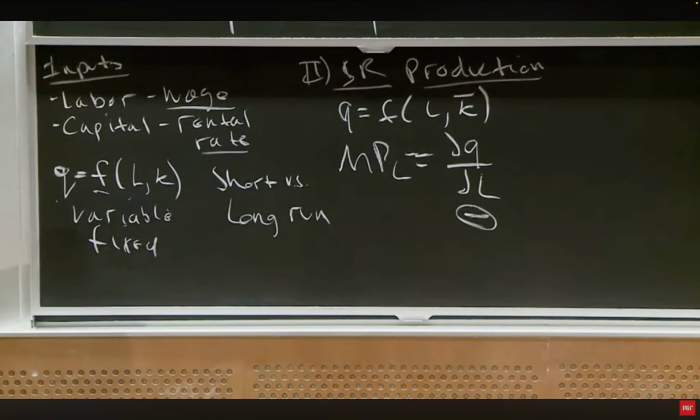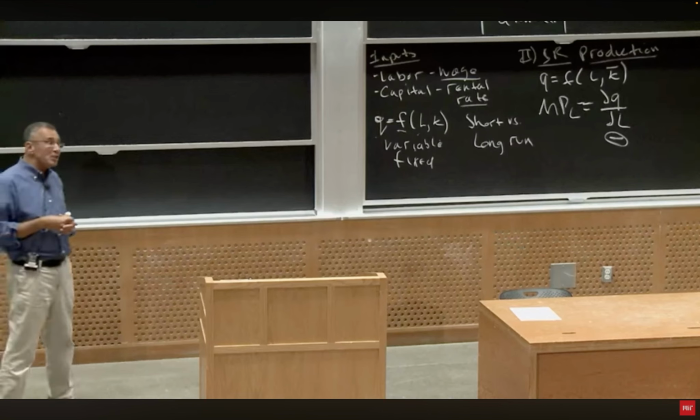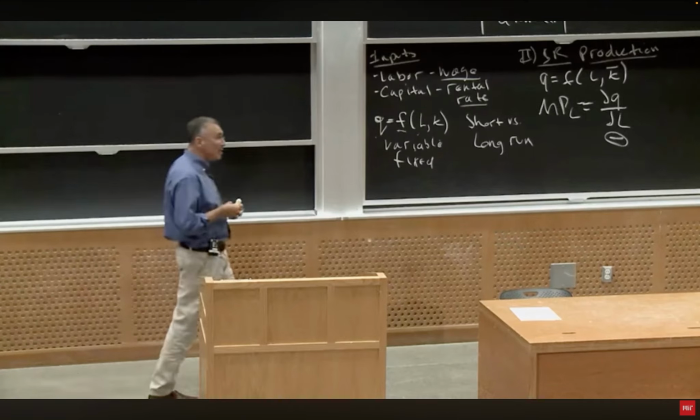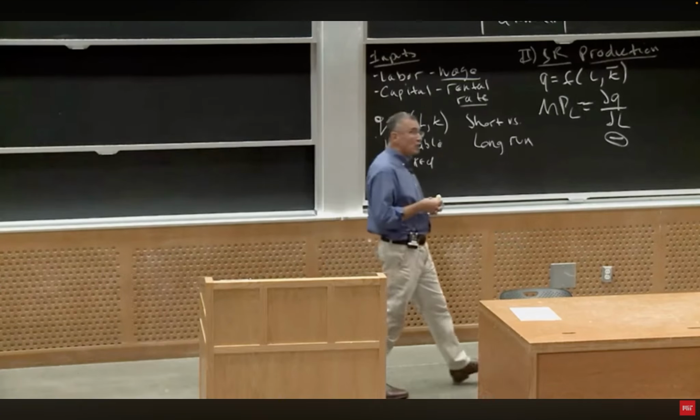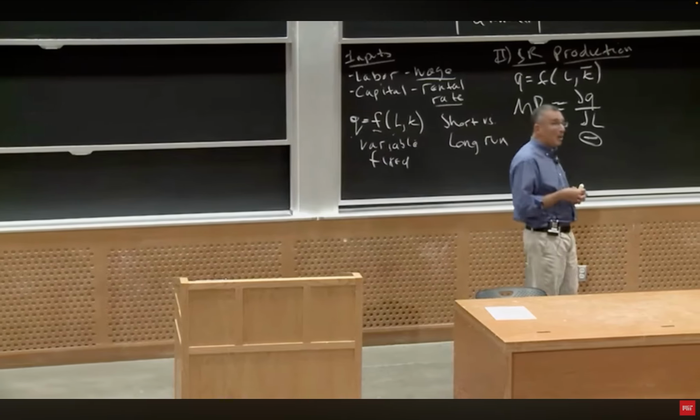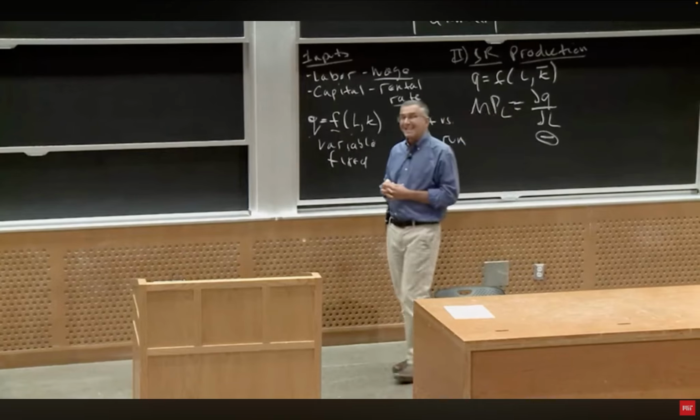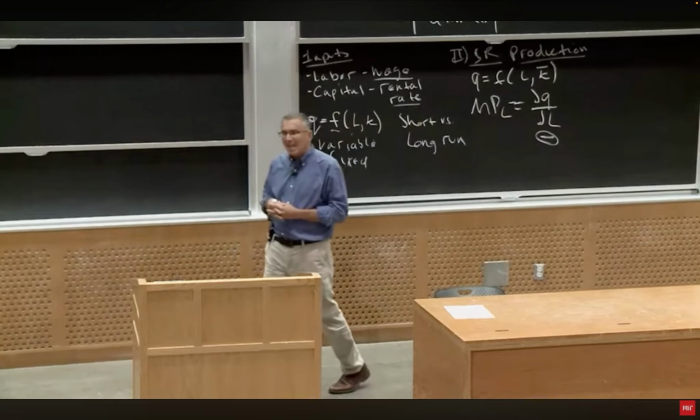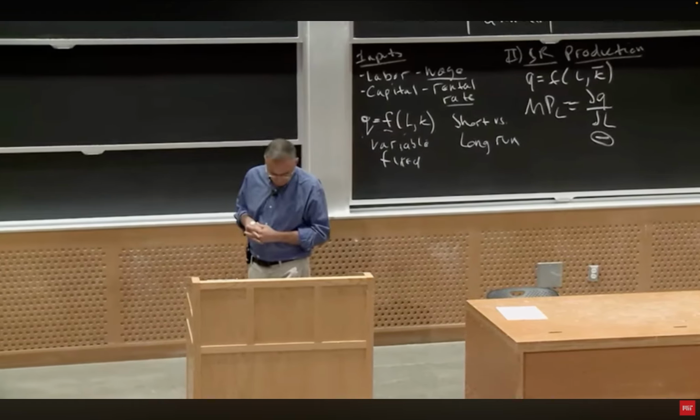That is, we are going to assume diminishing marginal products. This does not mean diminishing total product. This does not mean, once again, like with consumers, more is generally better. More workers are better. But each worker, given fixed capital, adds less to output.